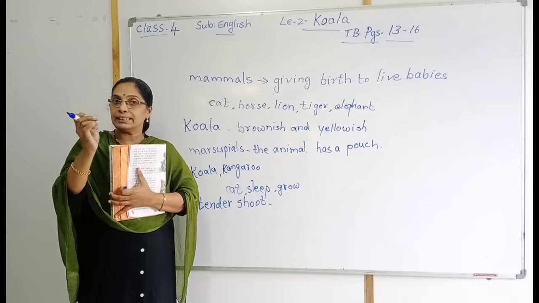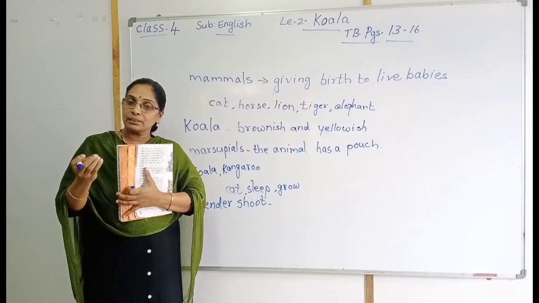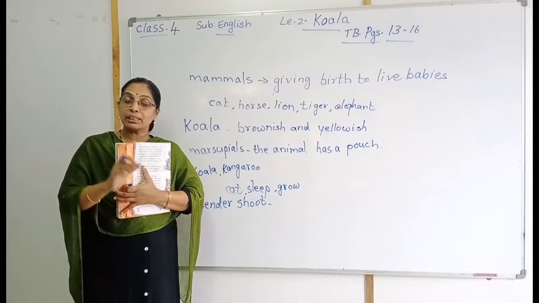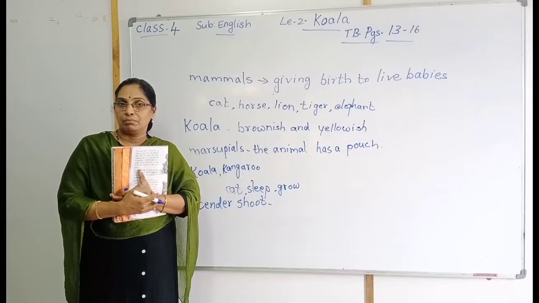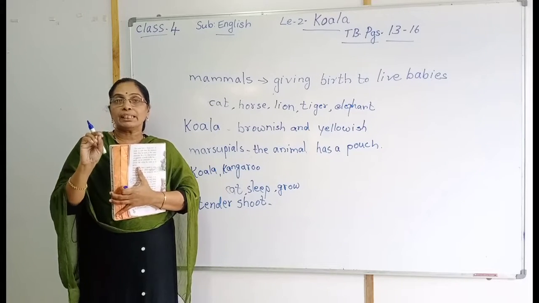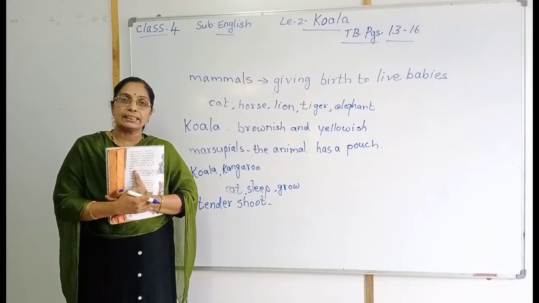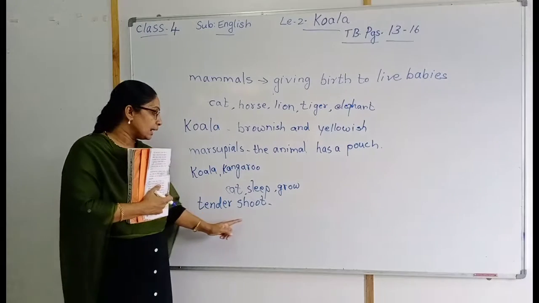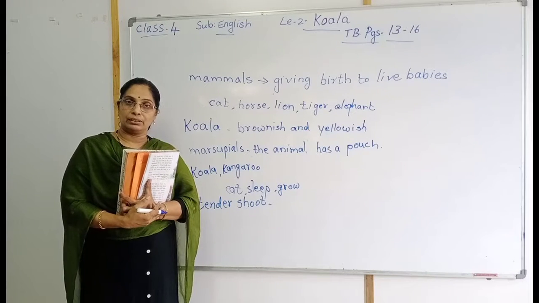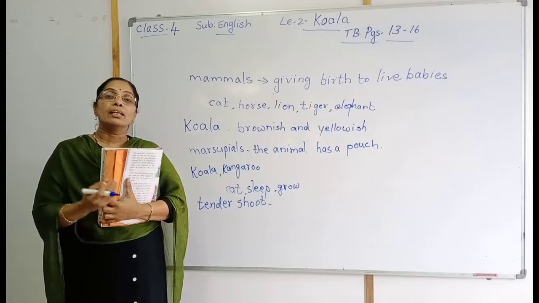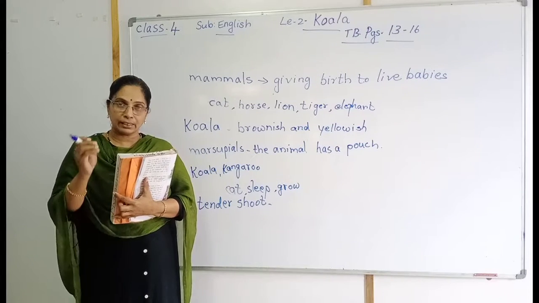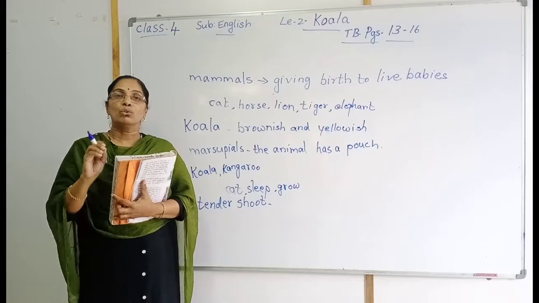You can break it easily. But coming down, the branch is very hard and we can't break the stem. The tip of any plant or tree, which we can break easily, we call the tender shoot. These tender shoots are the koala's food.